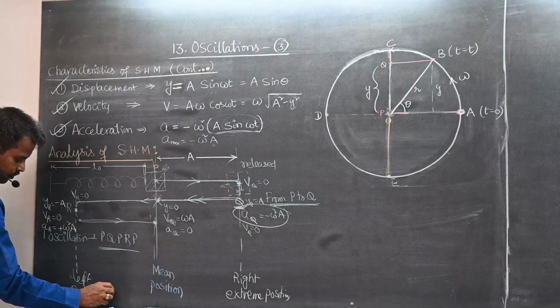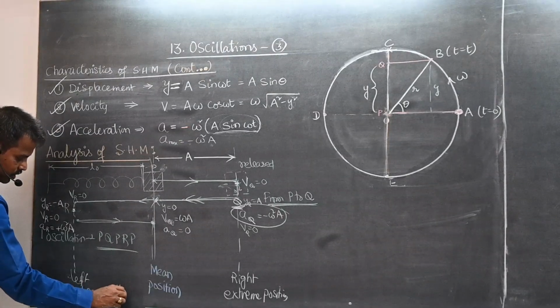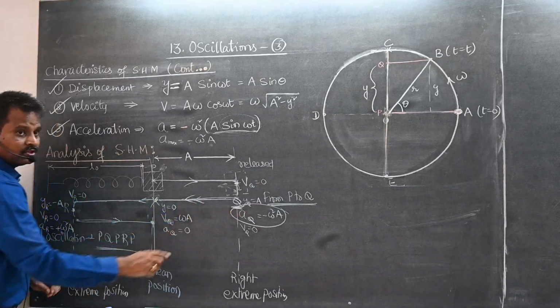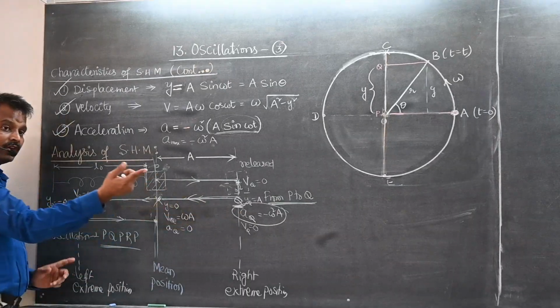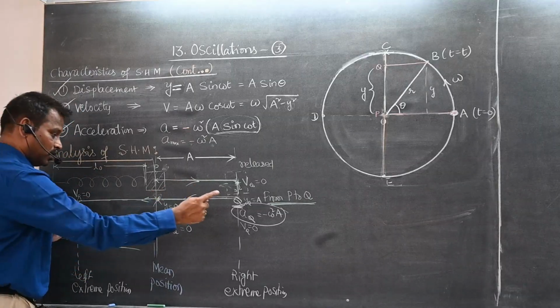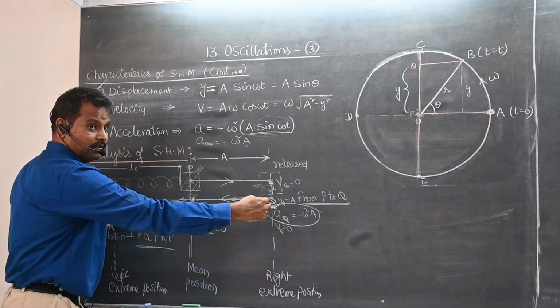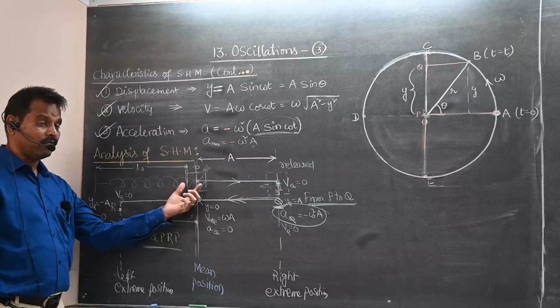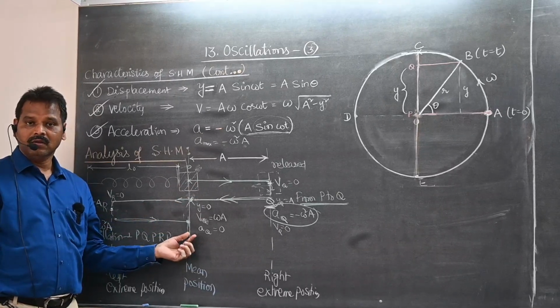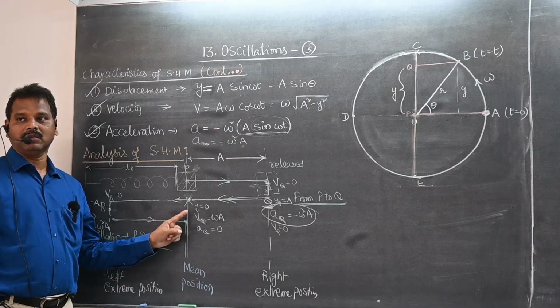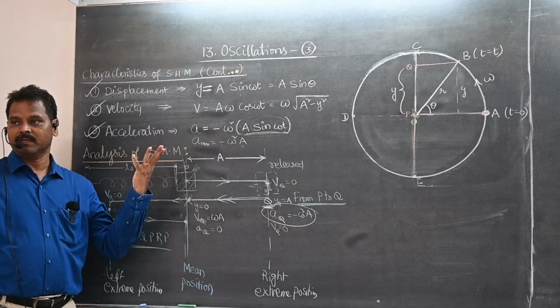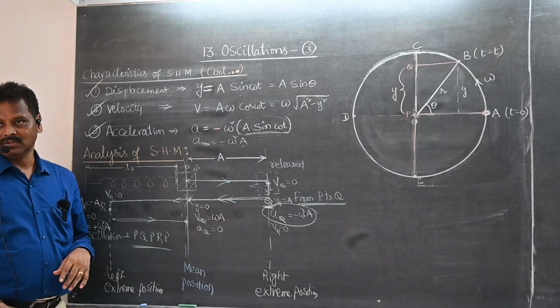At both extreme positions, velocity is 0. At both extreme positions, acceleration is maximum. At both extreme positions, acceleration is towards the mean position. But at the mean position, displacement 0, acceleration 0, but we have maximum velocity.